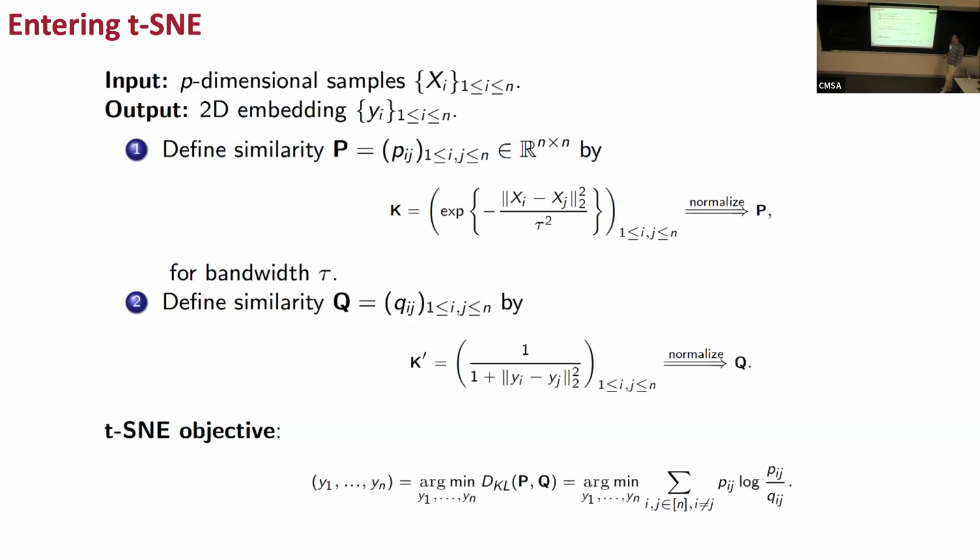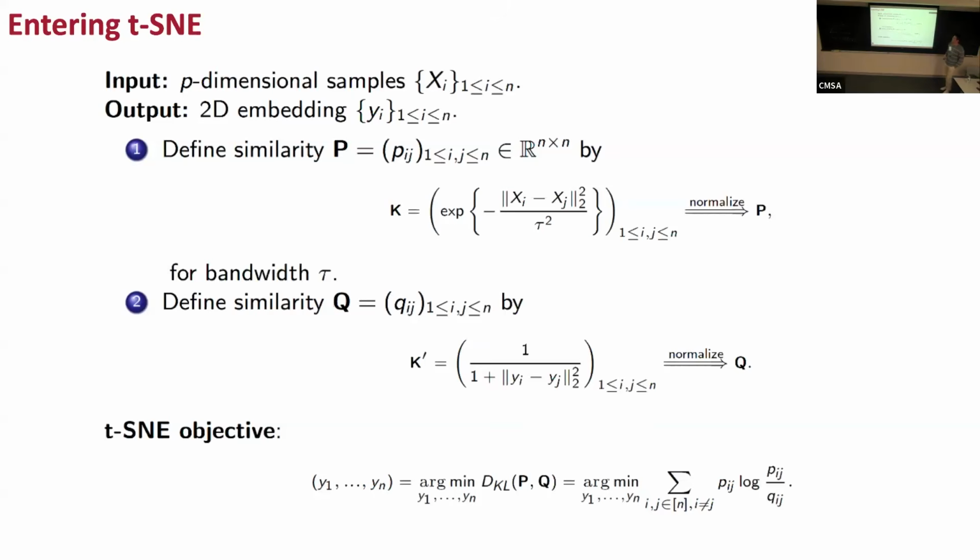The algorithm's idea is to construct 2 similarity matrices, one from the original input data, the xi's, the other associated with the output low-dimensional embedding. The first similarity matrix P is essentially a normalized version of the pairwise Gaussian kernel matrix.